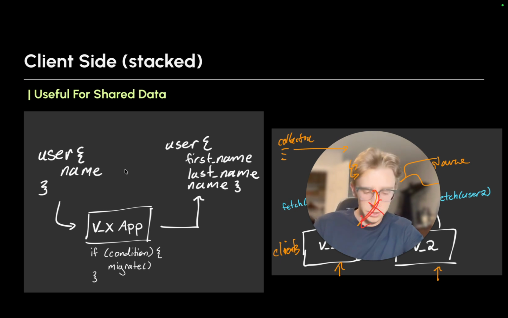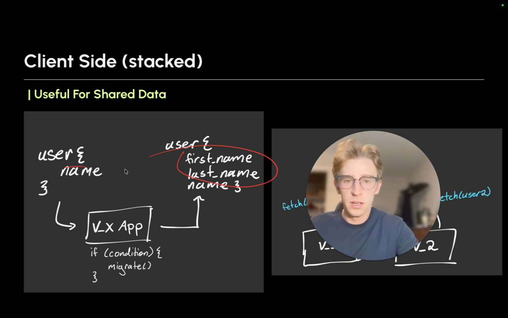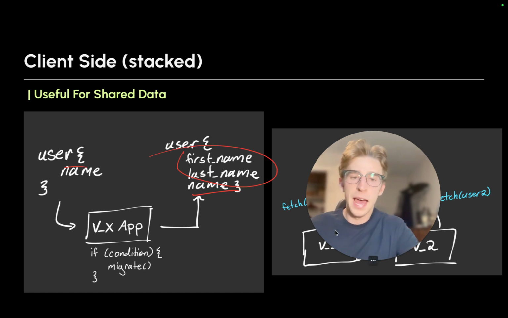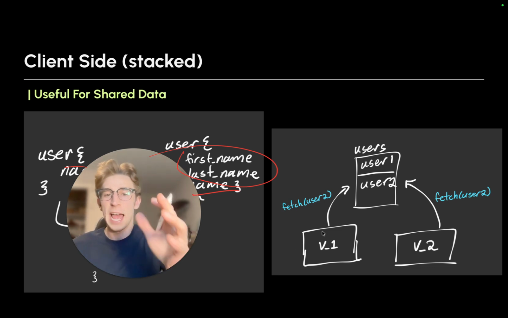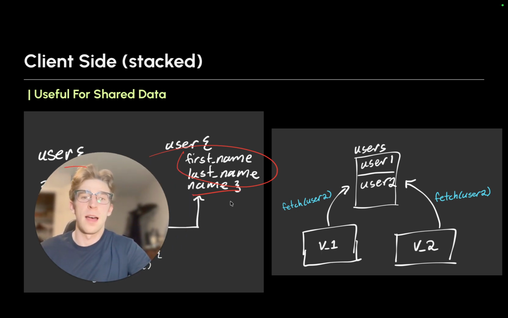So this is essentially what we did before, but instead of our migrate getting rid of that name field and just leaving these two, you could just leave that name field and then have your fetch parsing or your codable parsing essentially use optional fields and find that name if it still exists.